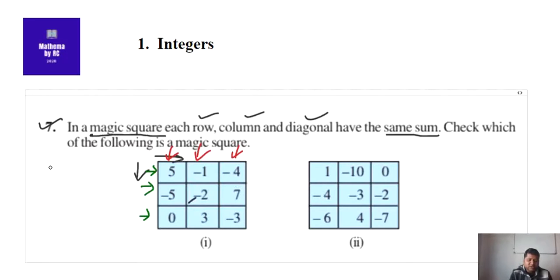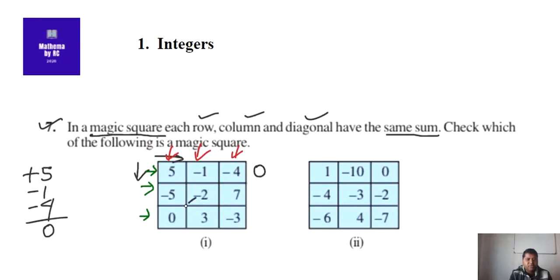Therefore 5 minus 1 minus 4 is 0, because 5 minus 1 is 4, and 4 minus 4 equals 0.